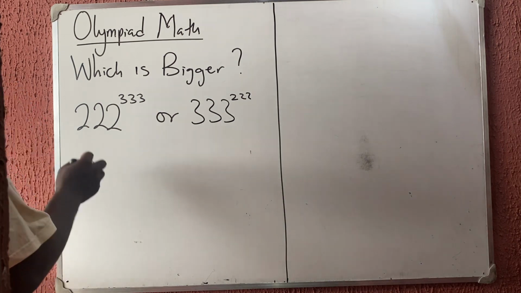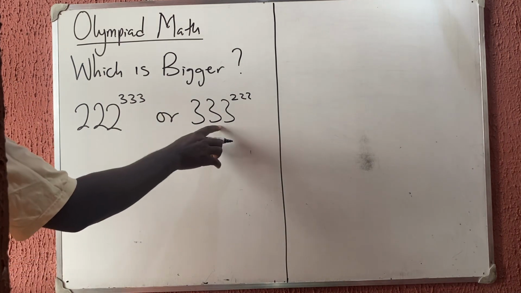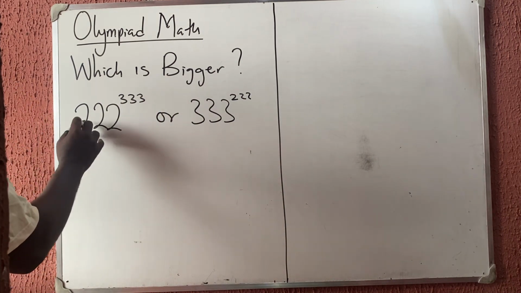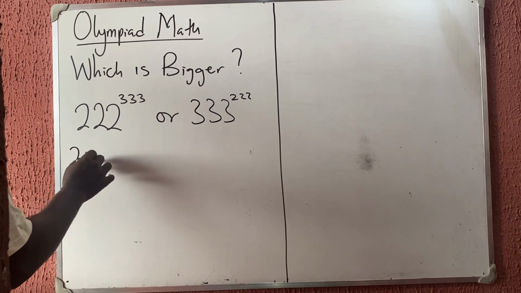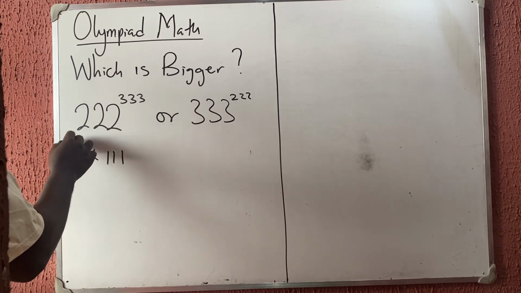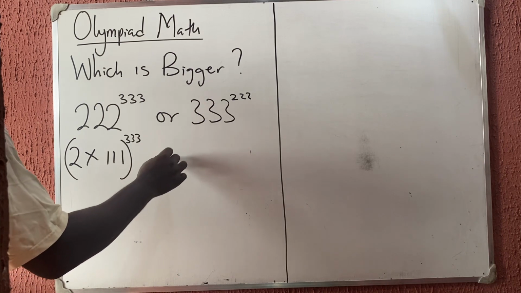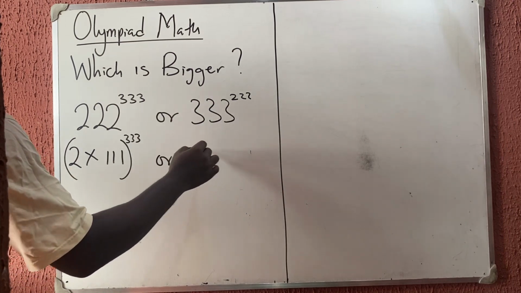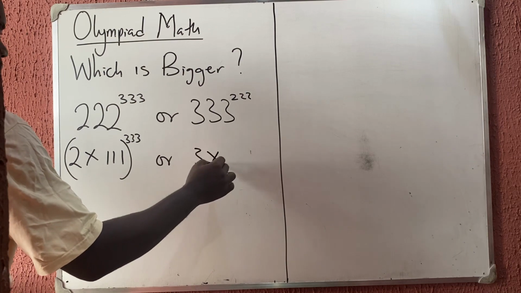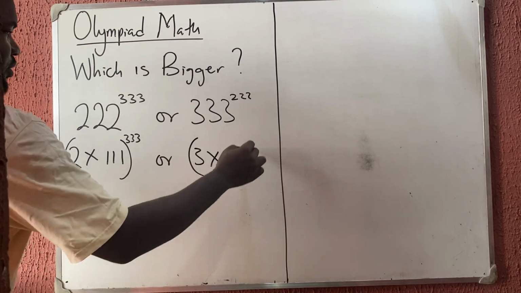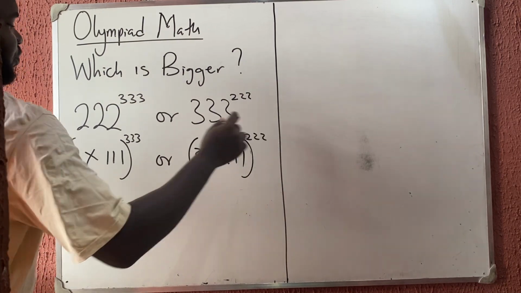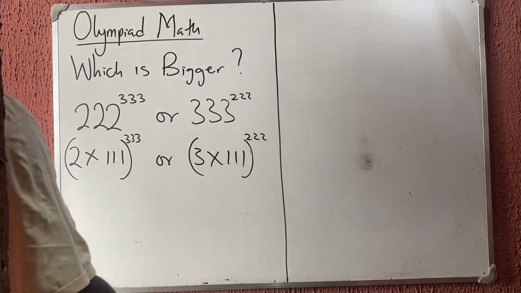What we do is reduce this to be 111. We know that this is simply 2 times 111, everything raised to power 333, or this one is simply 3 times 111, everything raised to power 222.